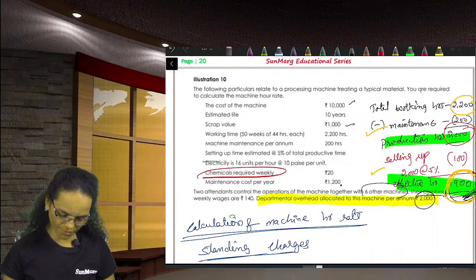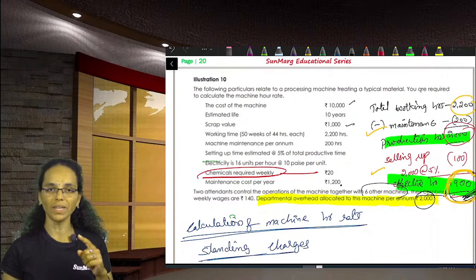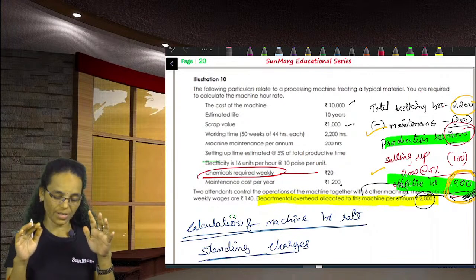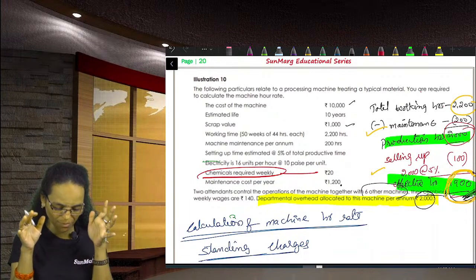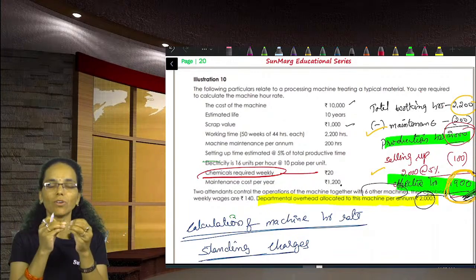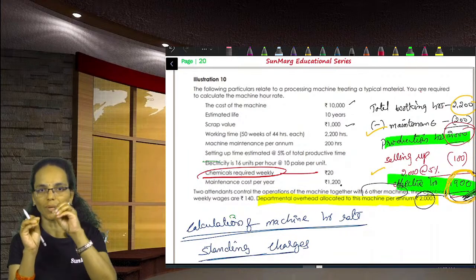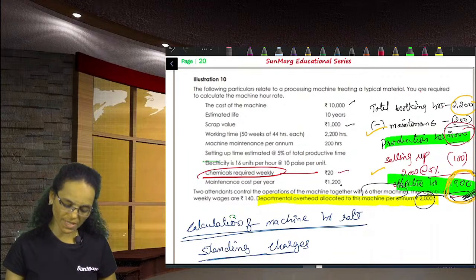Chemicals required weekly 20 rupees. Chemical is not directly related to the number of machine hours, since they are not saying that for 1 hour this much chemical is required. So you assume this as a fixed cost.